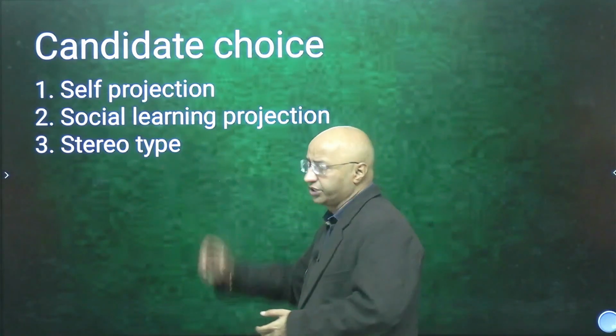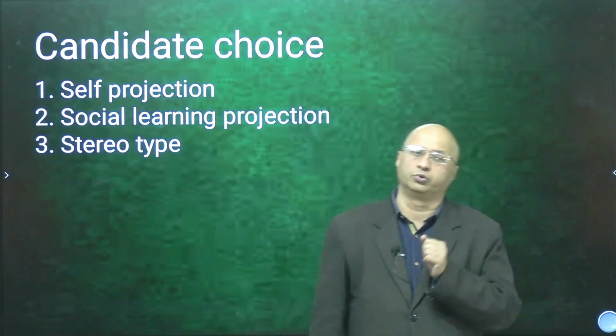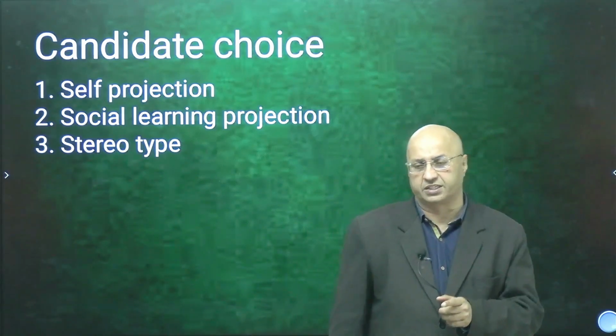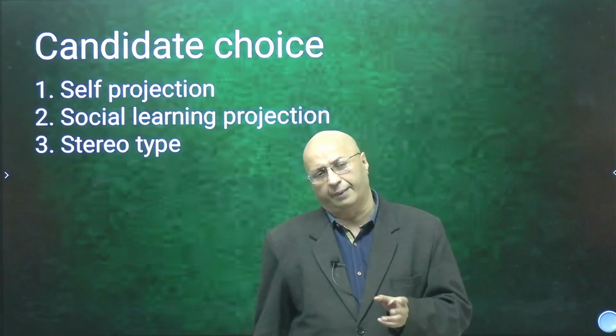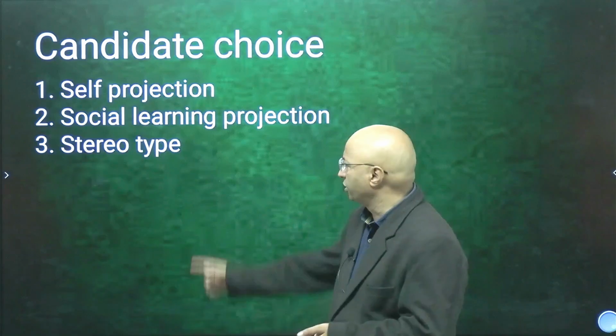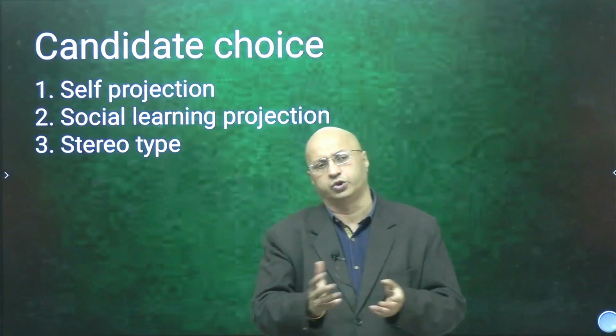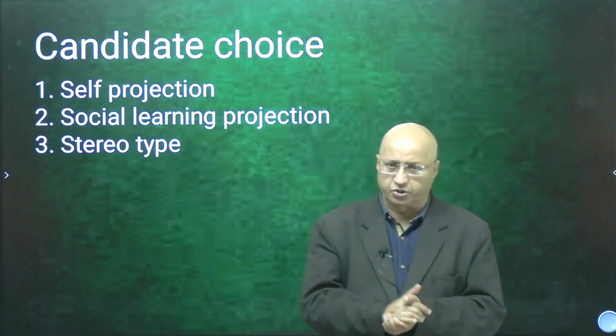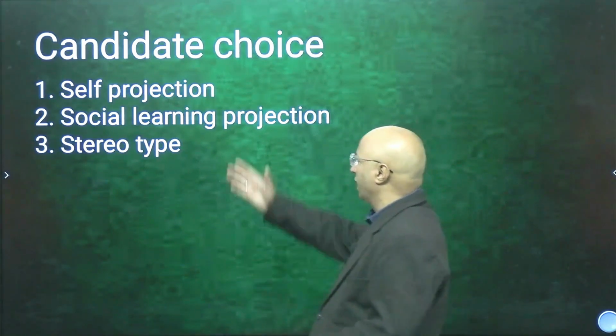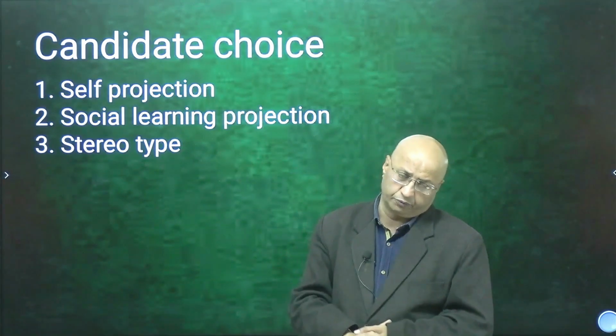The third one is stereotype, which you do often, copying from places and writing it down. In these kinds of situations, you get rejected mostly, or you pass by chance. So it is advisable that you write self-projection, wonderful.